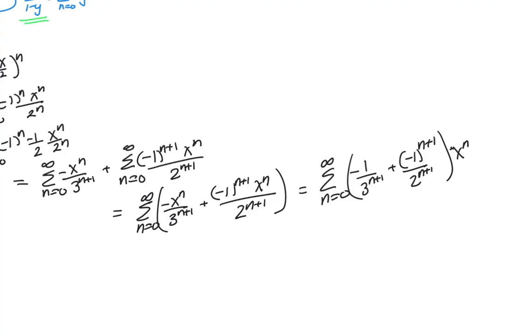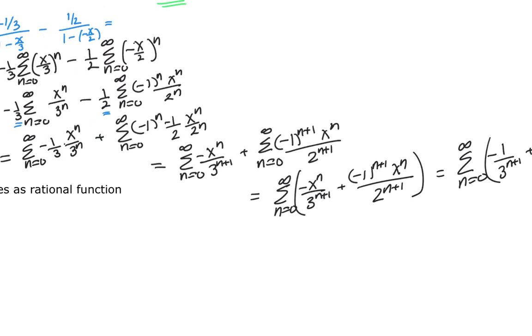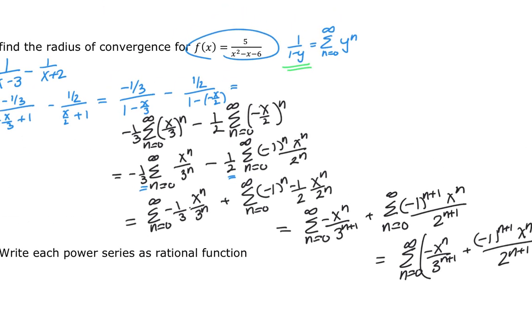It's also asking me to find my radius of convergence. So what I would do is come back here and find the radius of convergence for this series, and then I'd find the radius of convergence for this series. Now, what I did when I found the radius of convergence, I'm just going to erase that.